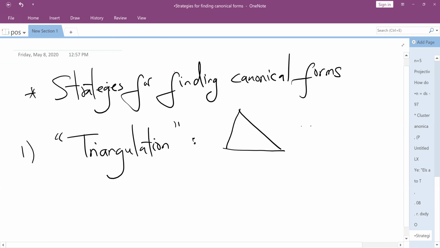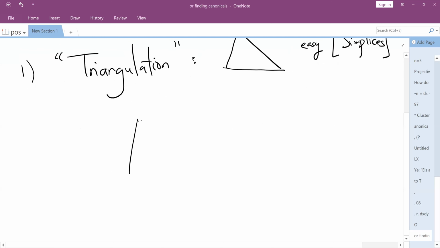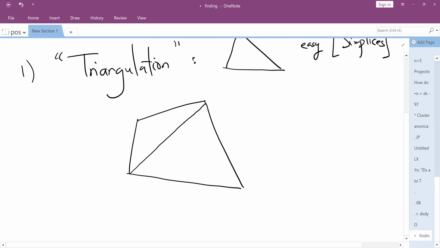So this is easy. Also for simplices in general dimensions. But let's say I want to find the canonical form for this quadrilateral that we just did a second ago. Well, there's a kind of obvious thought, which is, what if I triangulate the quadrilateral?